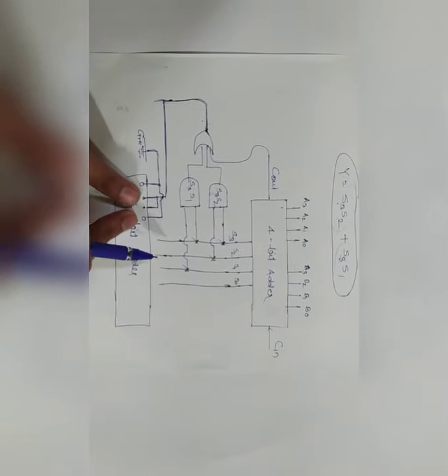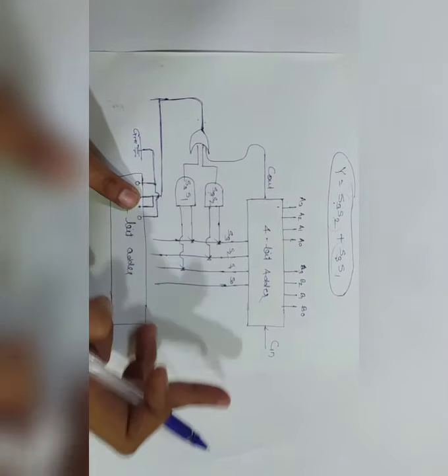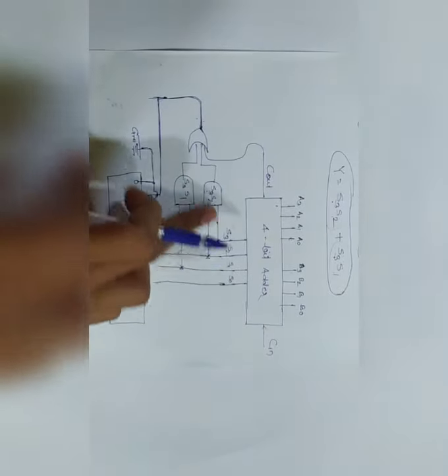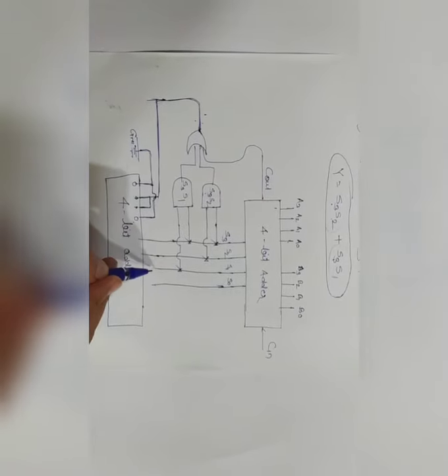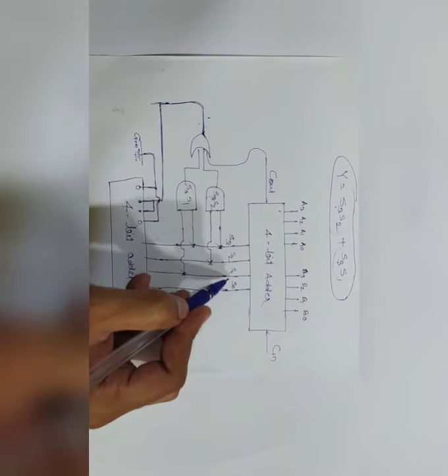If the addition is greater than 9, a carry is automatically generated here after processing. You are getting 1 here, that means you are getting 6 here, and then this will automatically get added to this addition. Now this one is S3, S2, S1 and S0.